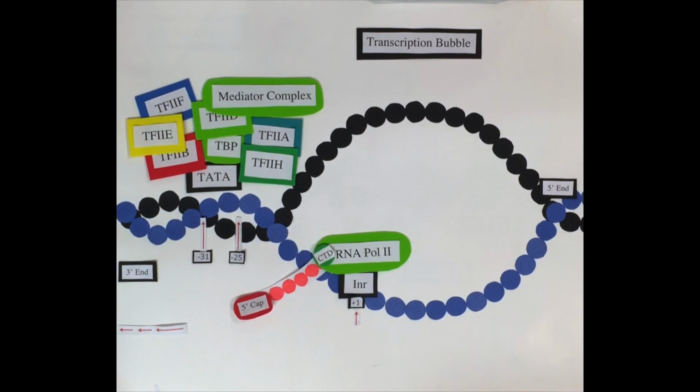Transition from initiation to elongation involves the phosphorylation of the carboxy terminal domain at the serine residue. RNA polymerase proceeds to read the DNA template, adding nucleotides and extending the RNA strand in the 3' direction.